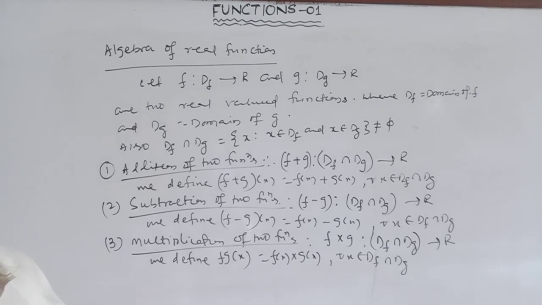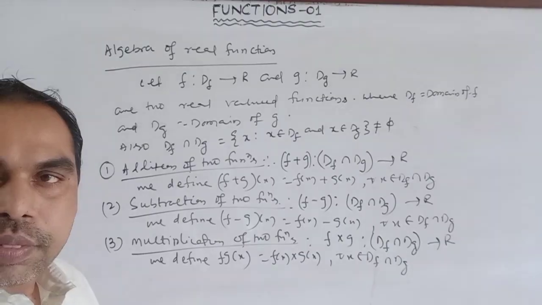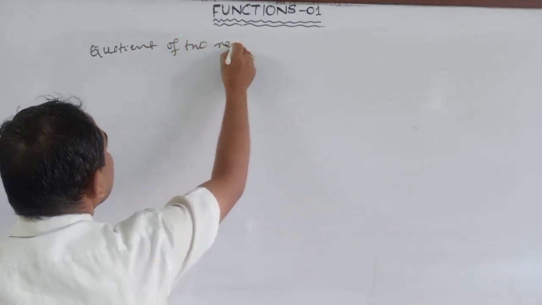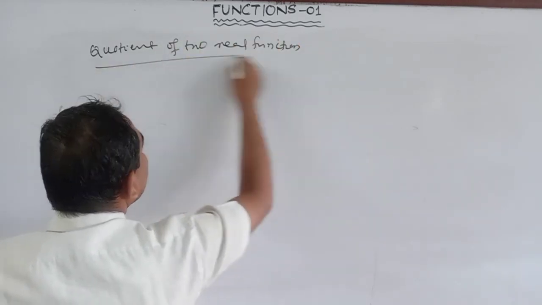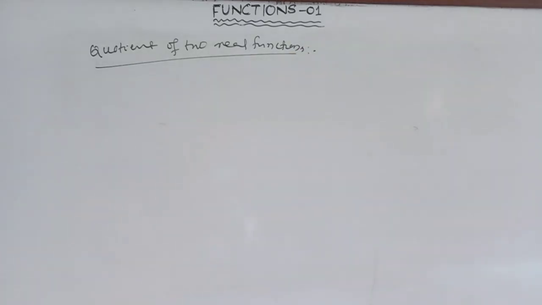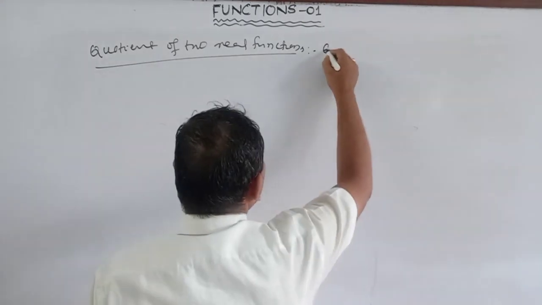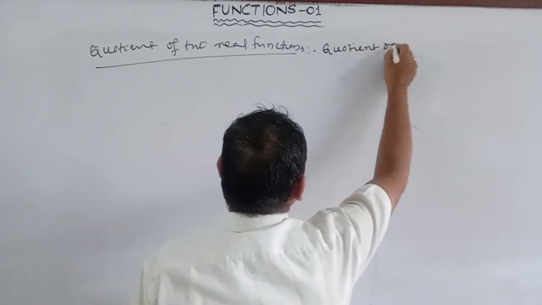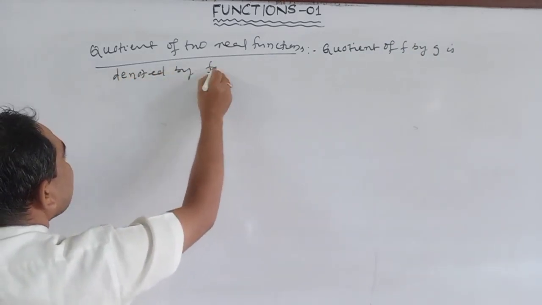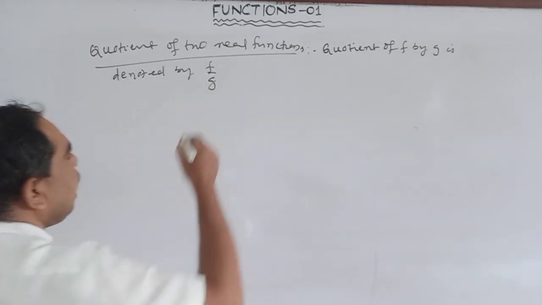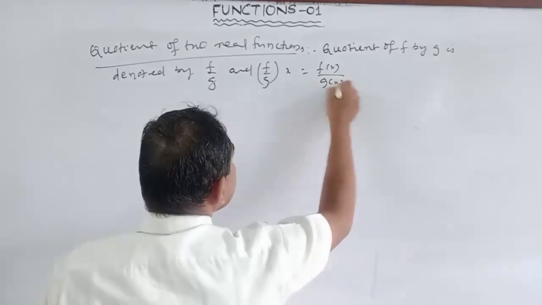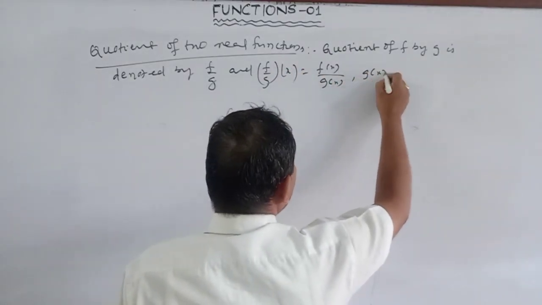So quotient of f by g is denoted by f by g, and f by g of x is equal to f(x) by g(x), with the condition g(x) not equal to 0.